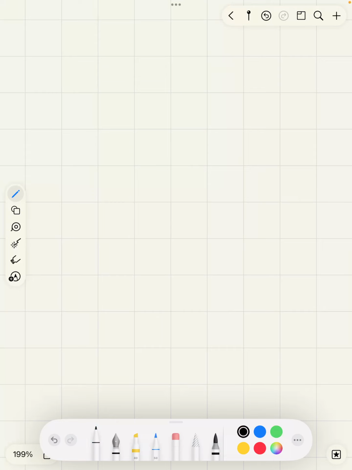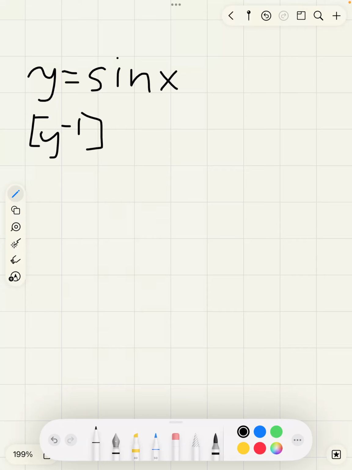So let's start off with arcsine. So let's say that we have a function y is equal to sine of x, and we want to know the derivative of y inverse. Well, to find the derivative of y inverse, there's a couple of different approaches I could take.